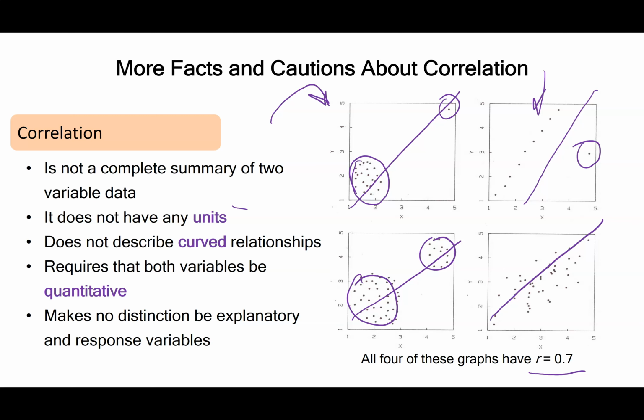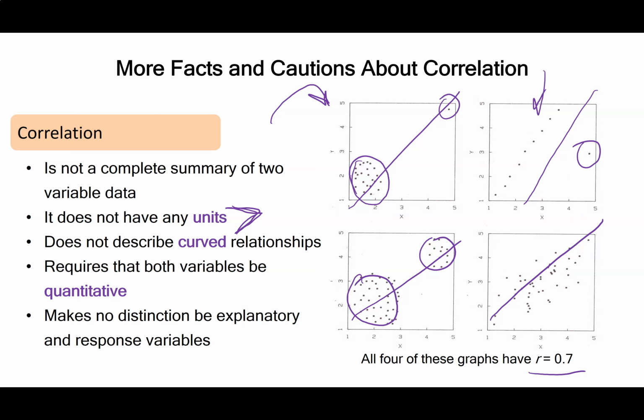Things to know: because of the way that the equation is set up for the correlation coefficient, it does not have units. So if I had a scatter plot that was in feet and pounds and I converted it to centimeters and kilograms, the correlation coefficient is going to be exactly the same.